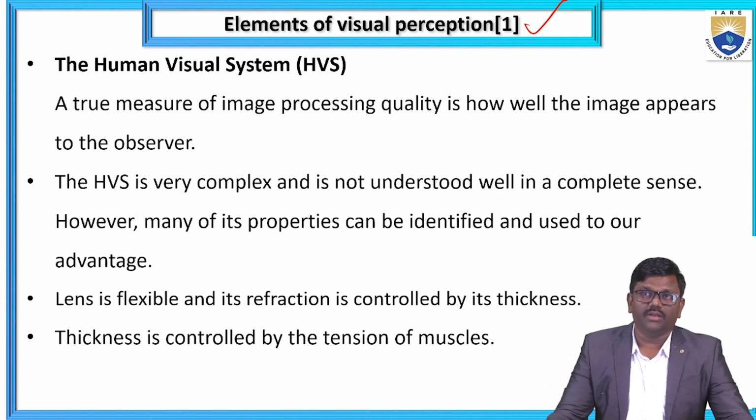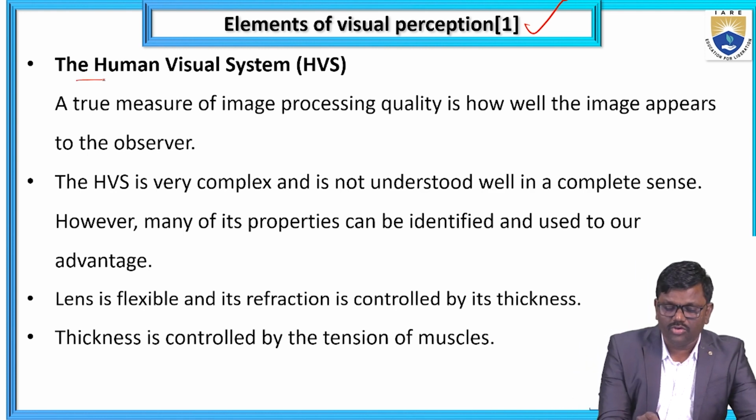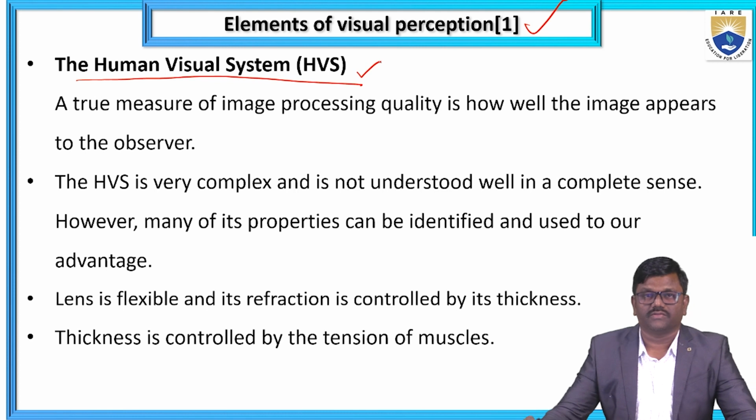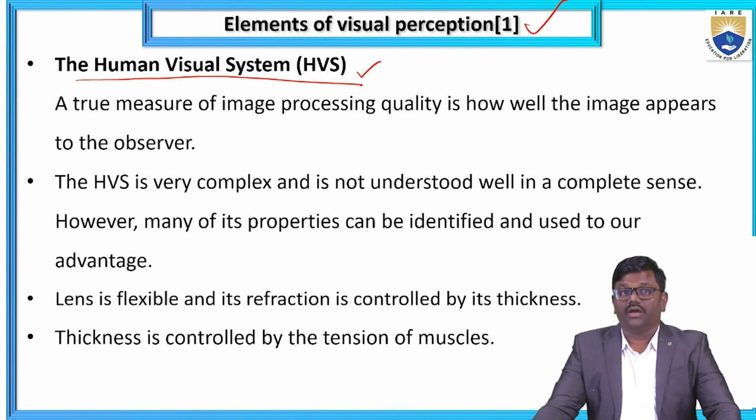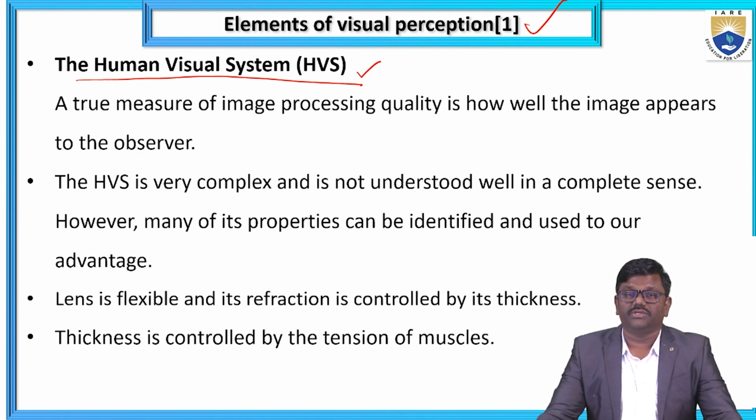How can we introduce the elements of visual perception as a topic? It is based on the human visual system, HVS. As we know, how we define an image depends on the human visual system.